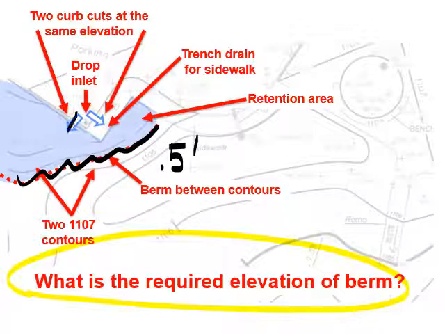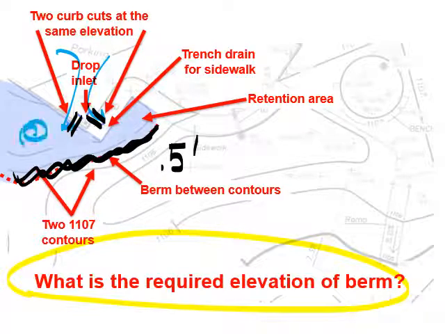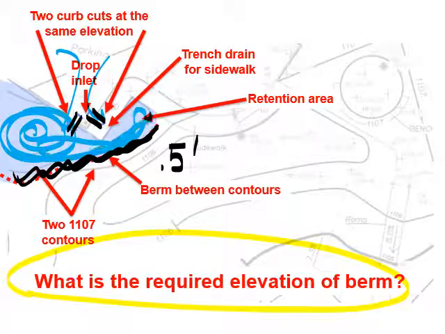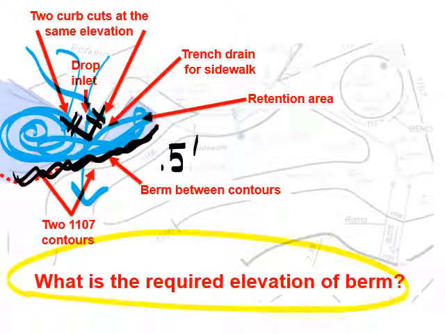So the curb cuts right here have to be half a foot below the elevation of this berm, because what will happen then is as water flows into the system, it's going to fill up, and once the system is filled up, these curb cuts become blocked off, and the rest of the water has to go to the drain. And that water is the cleaner water that comes later in the storm, and it's released downstream.